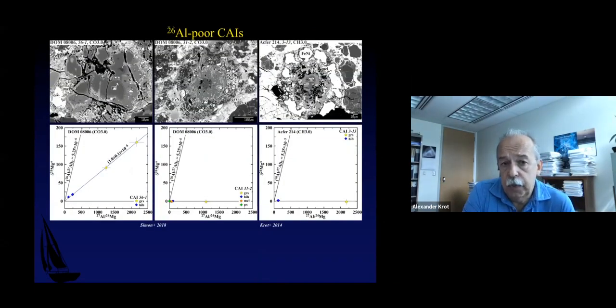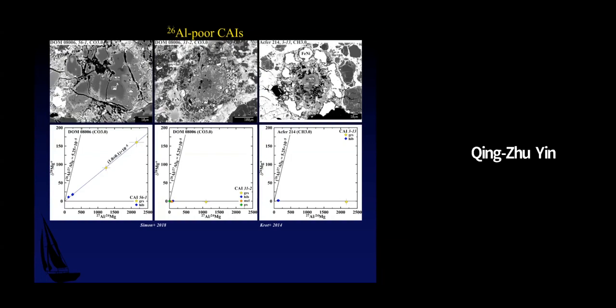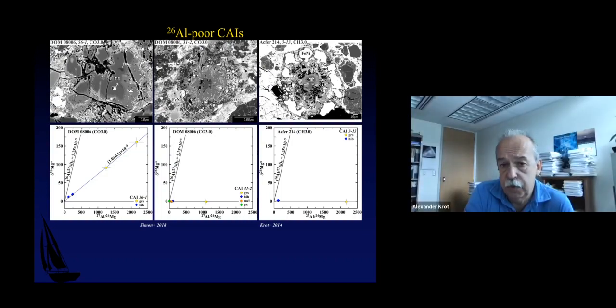But if you look now at refractory inclusions from primitive chondrites, internal isochrons, we find occasionally that some of the CAIs have much lower than canonical aluminum-26/27 ratio. These are three inclusions which mineralogically look very pristine, and the formation sequence of minerals for these inclusions is very similar to what is predicted by condensation from the gas of solar composition.